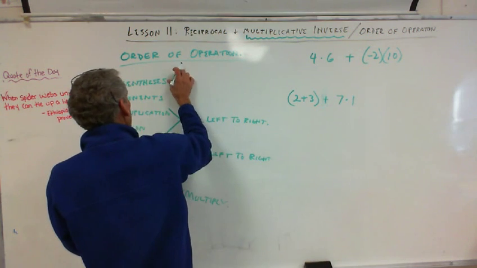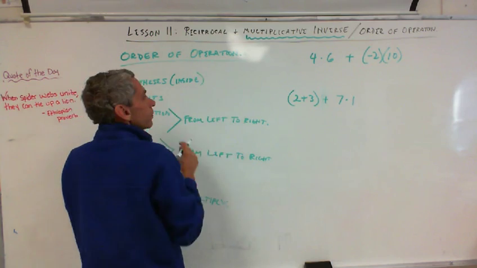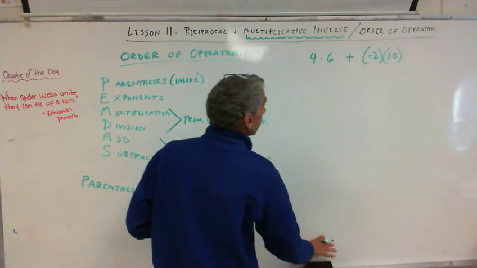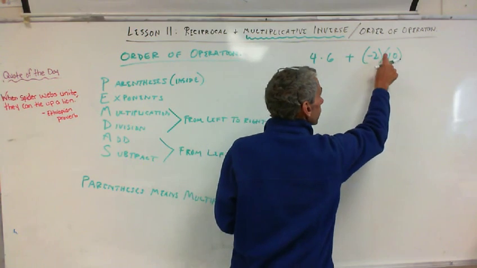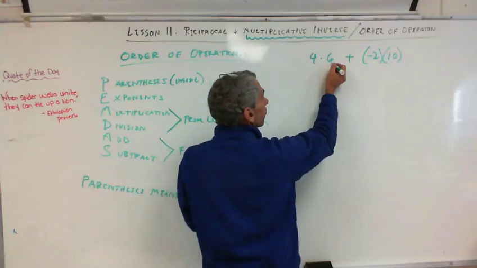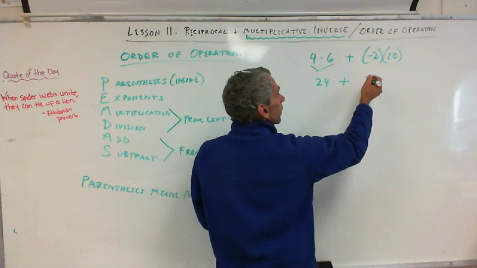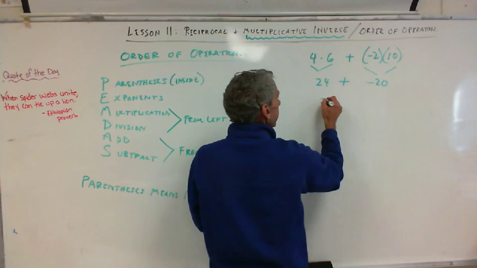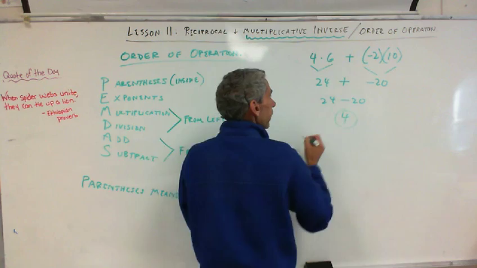It doesn't really matter, but usually you go left to right. This is a multiply, 4 times 6, and this is a multiply, -2 times 10. That's what parentheses mean, times. So 4 times 6 is 24, plus, and then -2 times 10 is -20. That's the same as 24 minus 20, which is just 4, right?